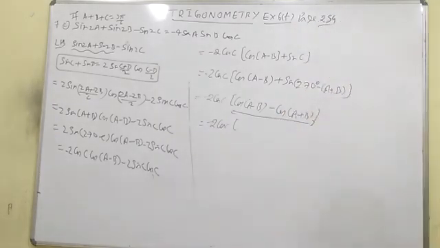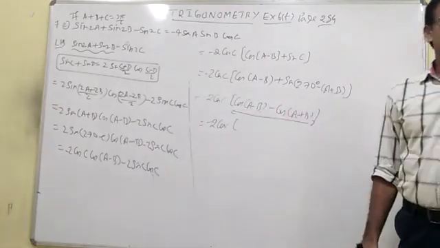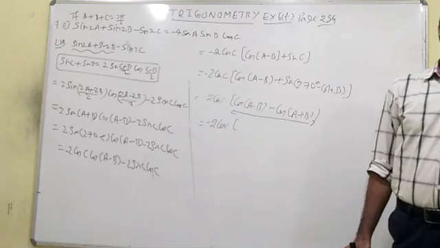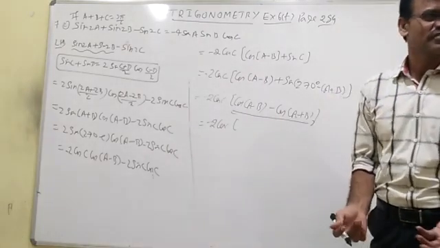To see it, open the textbook, page number 275, and see the formula. The formula you face here: cos of a minus b minus cos of a plus b. Understood?